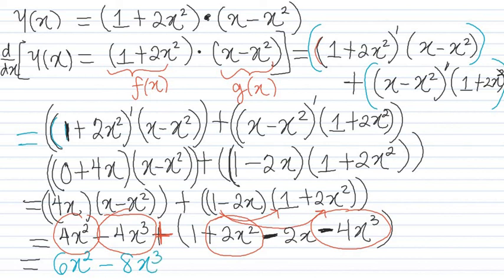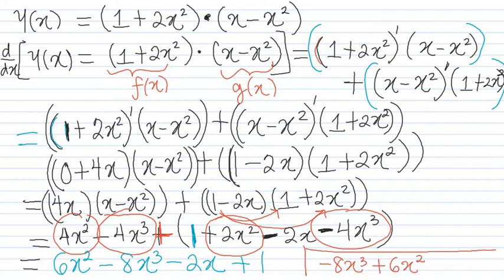Okay, then we have negative 2x and we have 1 plus 1. So basically this is the answer. So we can just have this here as negative 8x cubed plus 6x squared minus 2x plus 1. So that's your answer basically.